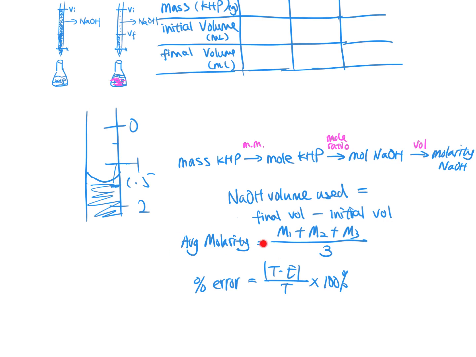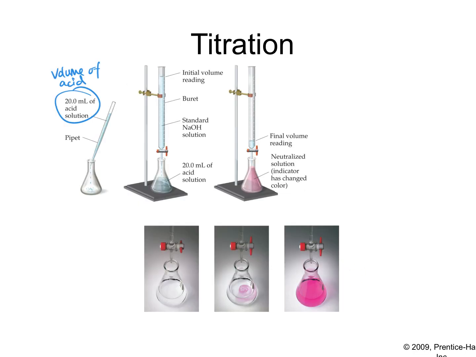This average molarity is your experimental data. For theoretical data, you would find the difference between theoretical and experimental, divide by the theoretical value, and convert it to a percentage.